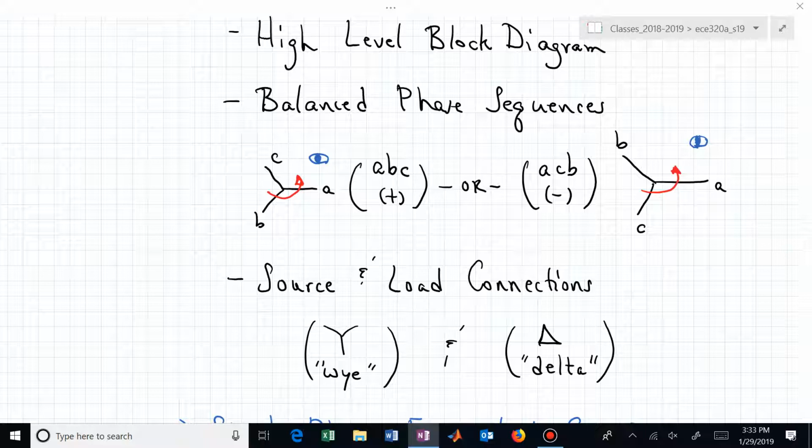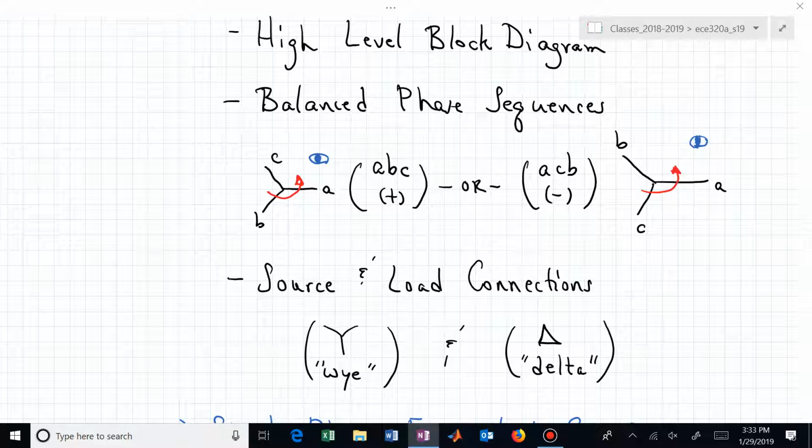So somebody might talk about a positive phase sequence. They may talk about the ABC phase sequence. Those are the same. If they talk about a negative phase sequence, then if they're standing in the same spot, they'll see the A phase first, then they'll see the C phase, and then they'll see the B phase. So that's an ACB phase sequence, and that's the negative phase sequence.